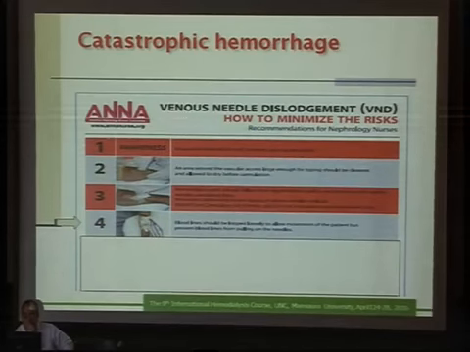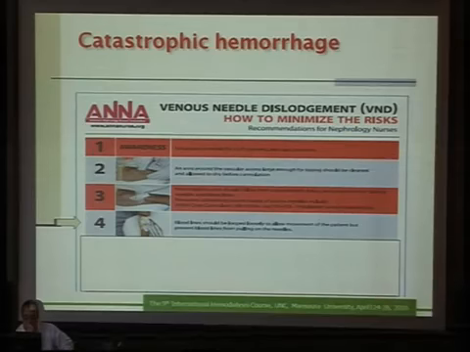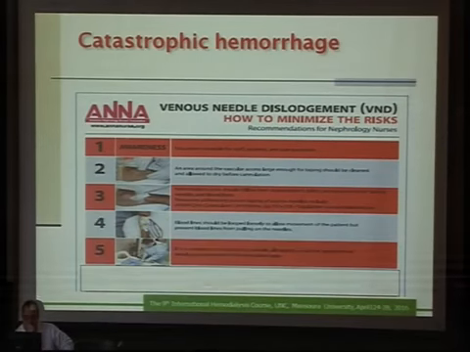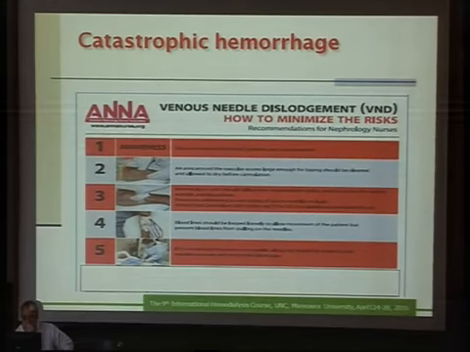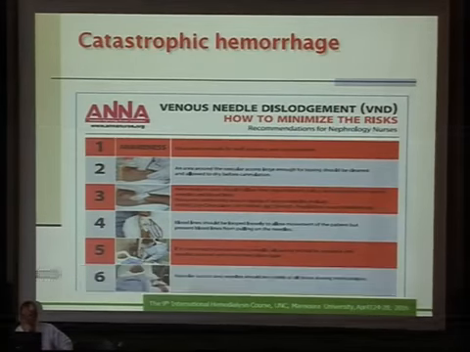Blood lines should be loose and should be looped in this way to allow movement of the patient without pulling on the needles. And if we need repositioning of the needle, the tab should be replaced. We should not use the same tab again.